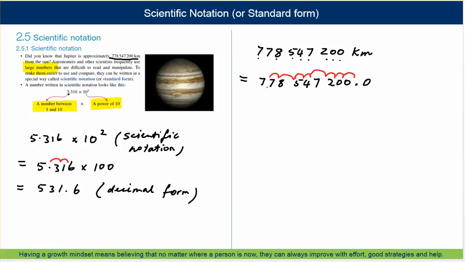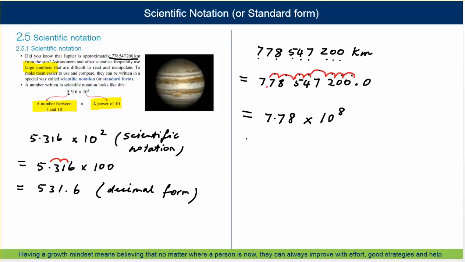And I stop when the decimal point ends up between the 2 sevens, because that's 7.78, a number less than 10. So in scientific notation, we write this as 7.78 times 10 to the power of 8.